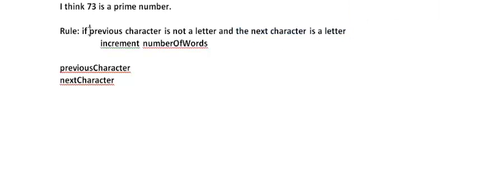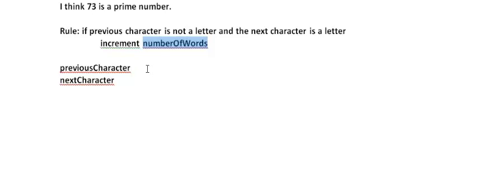We should somehow make this true at that point so that we can count this as a word. Because we are counting words as they begin, we should be able to count I as a word once we hit the I, not after we leave I.